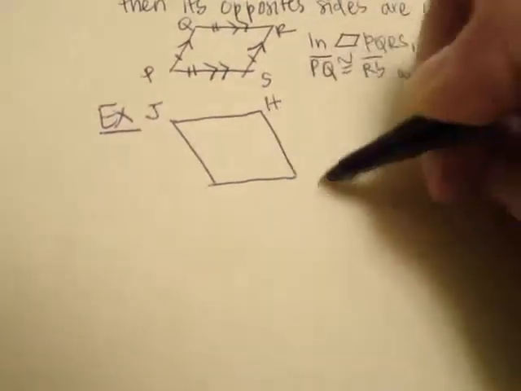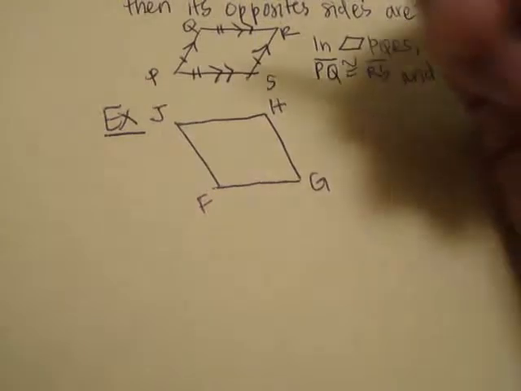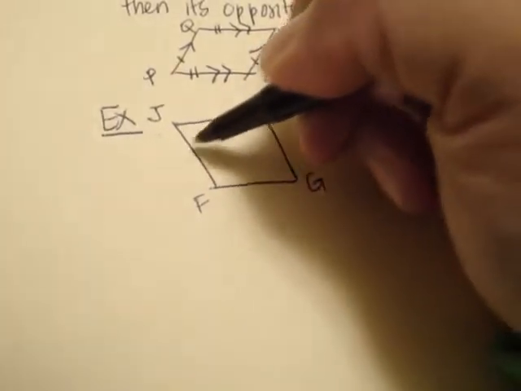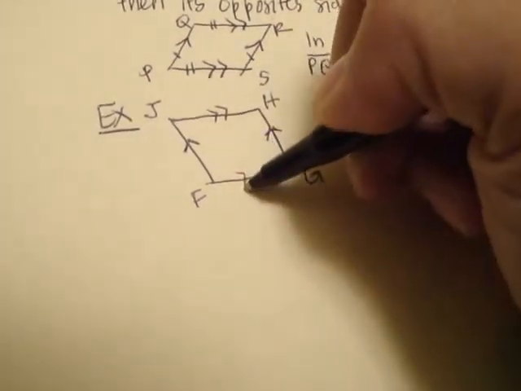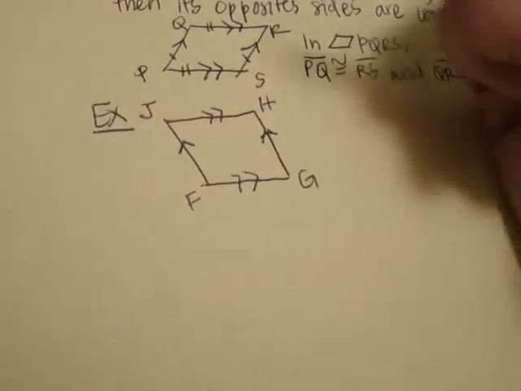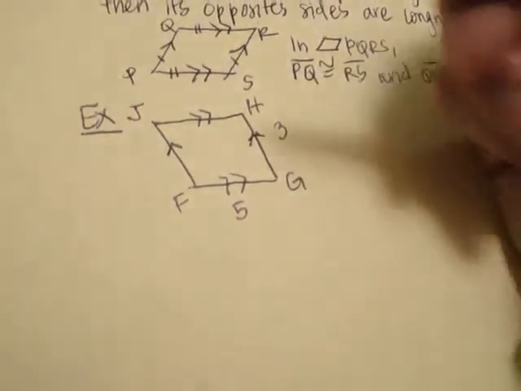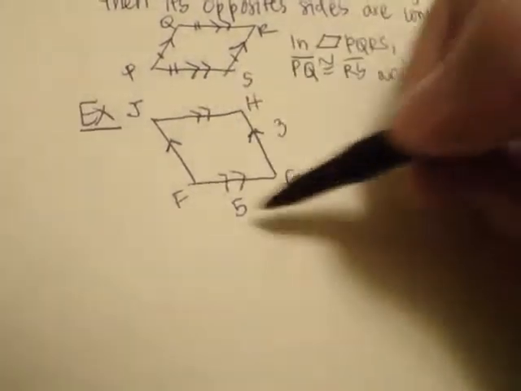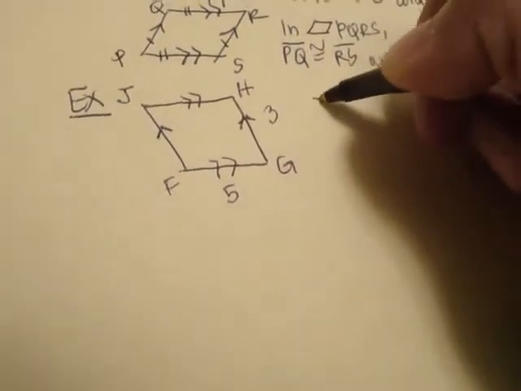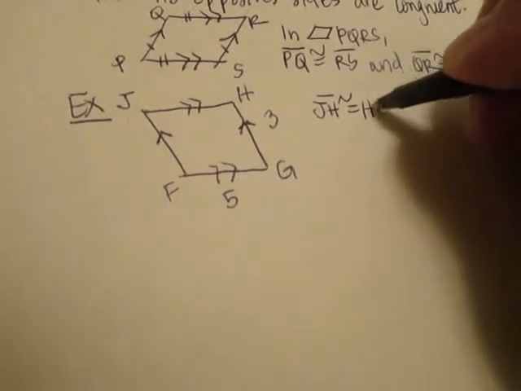J, H, G, F. And we're told it's a parallelogram, indicated by these little arrow marks saying that JF is parallel to HG, and JH is also parallel to FG. And we're told that HG is equal to 3 and FG is equal to 5, and we're told to find the two missing sides. Well, we know, because this is a parallelogram, that JH is congruent to FG.